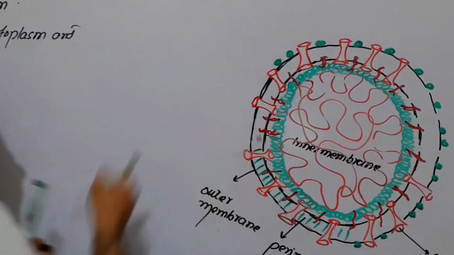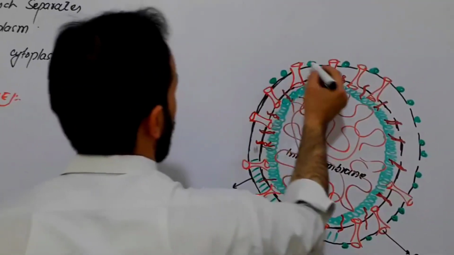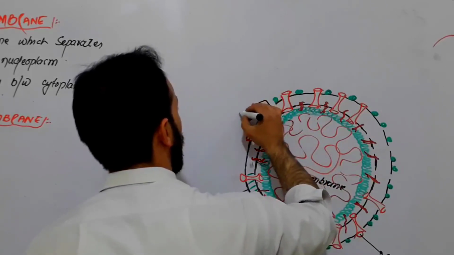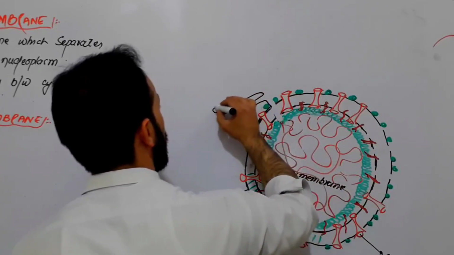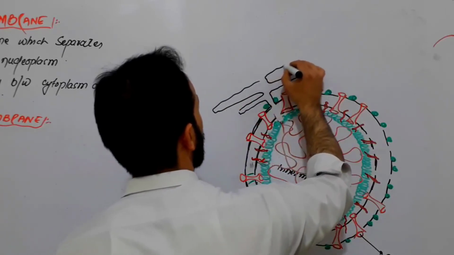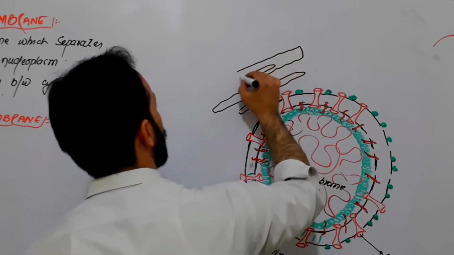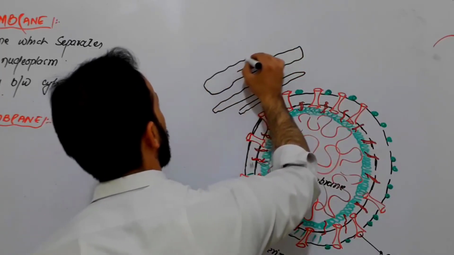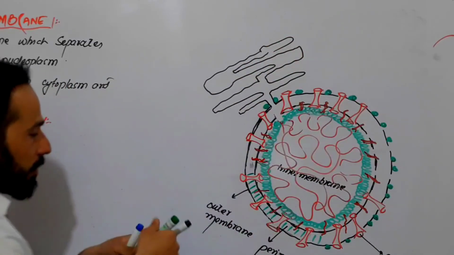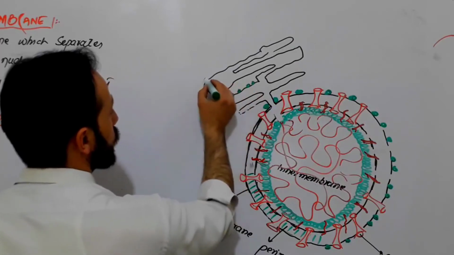So you know that inside the cell we have, as I have drawn there, the endoplasmic reticulum, right? So if this is our endoplasmic reticulum, it has two membranes, the outer membrane and the inner membrane. The outer membrane of it contains ribosomes attached to it.